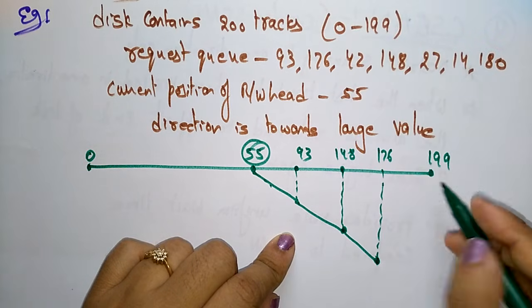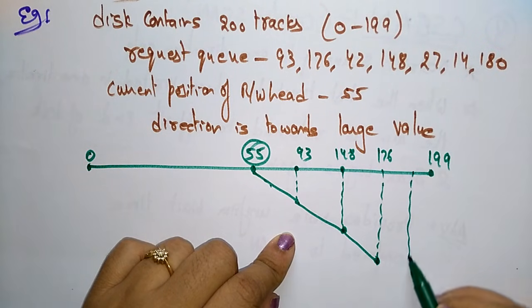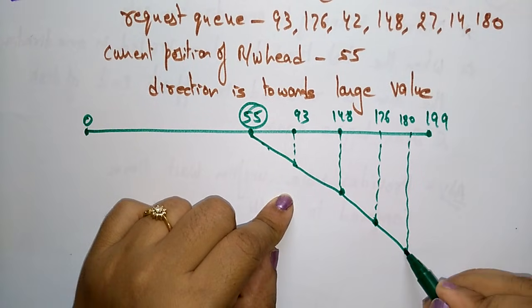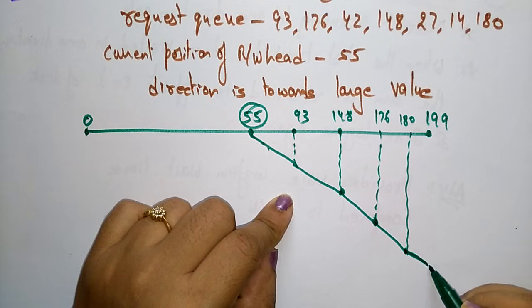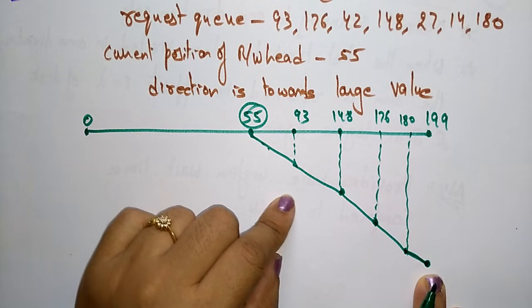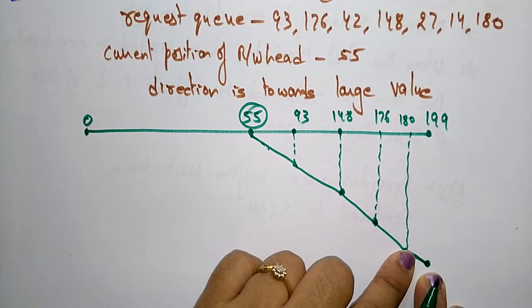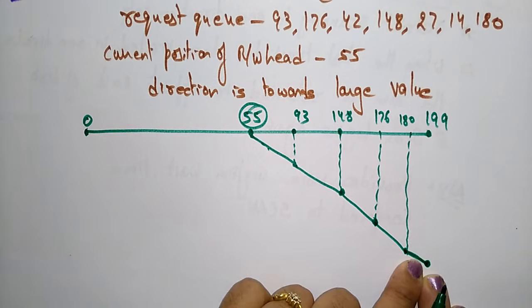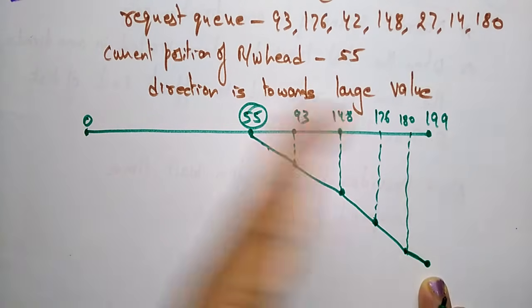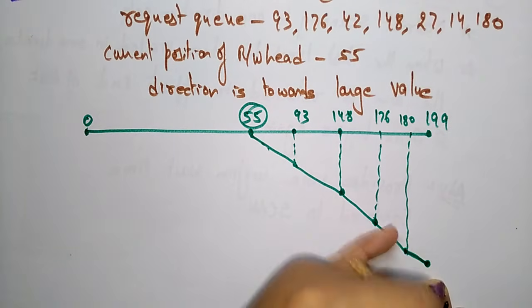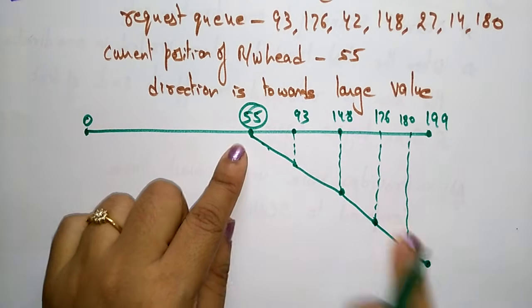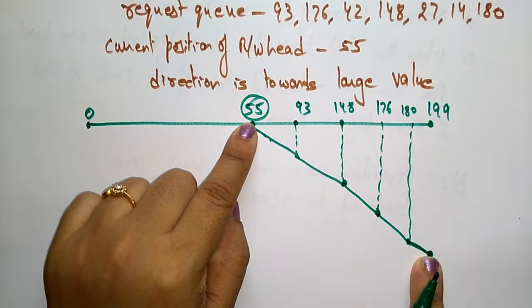Next 180. What I said is, in SCAN you have to move to the end of the disk, up to 199. In circular scan also, you have to move up to 199, because if you go back and then want to come to this position again, it takes a lot of time. So it's better to move up to the end of the disk.